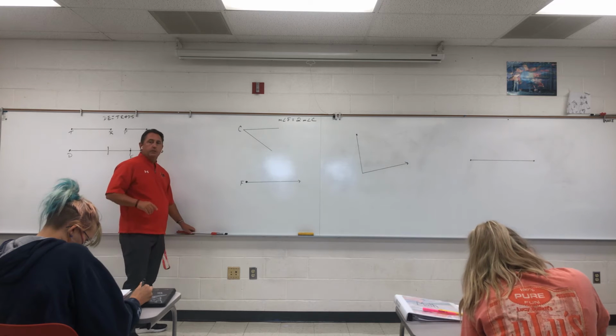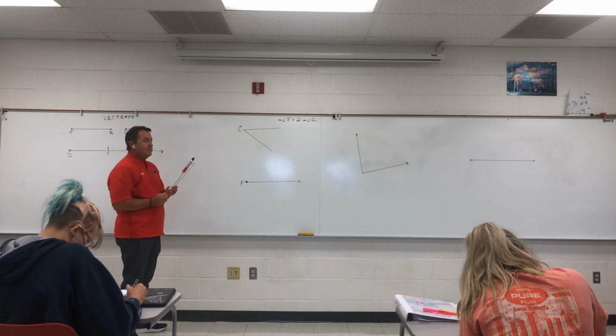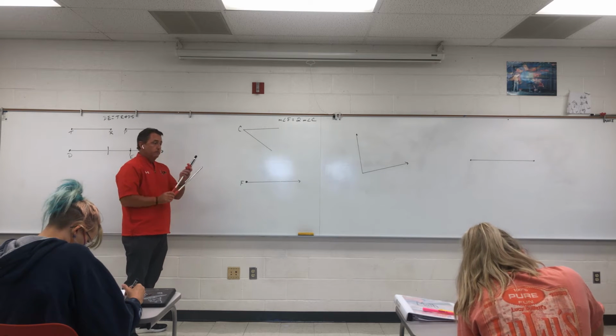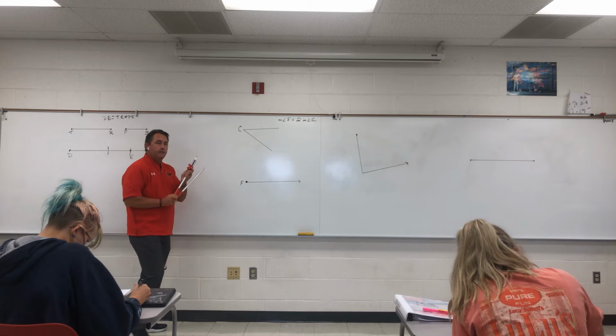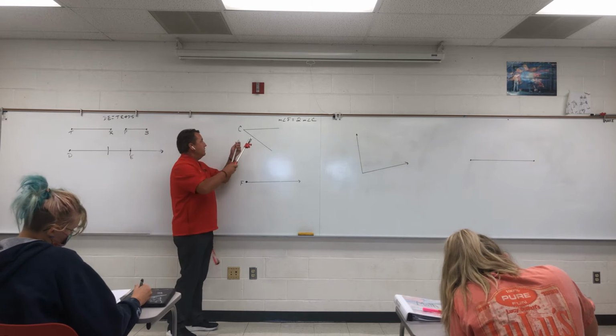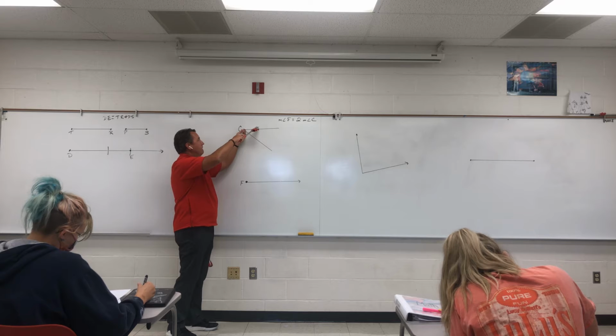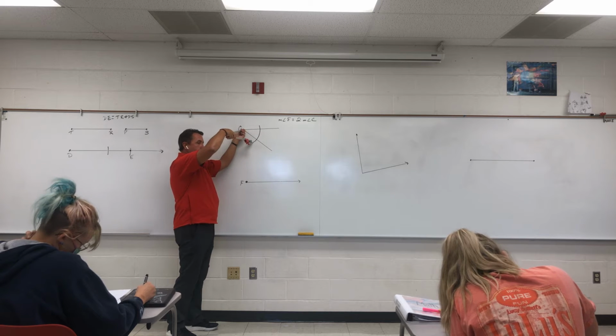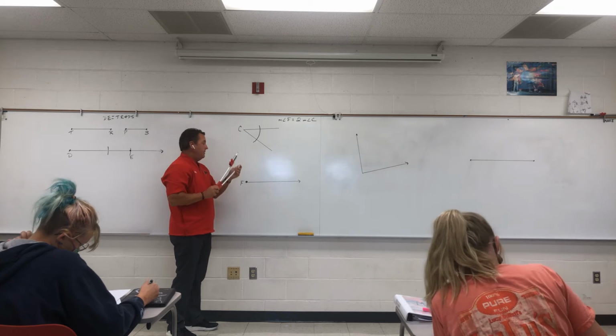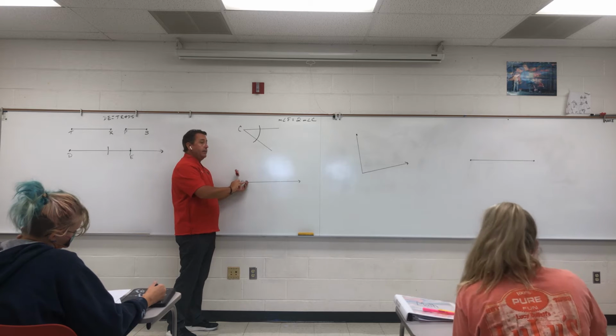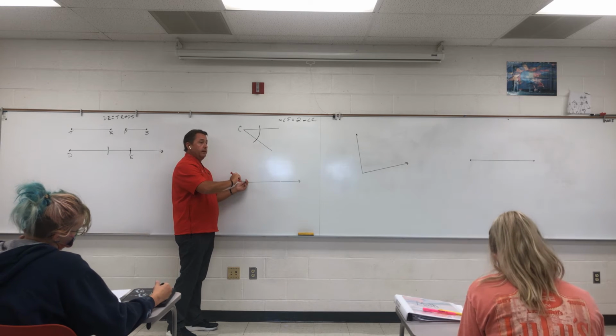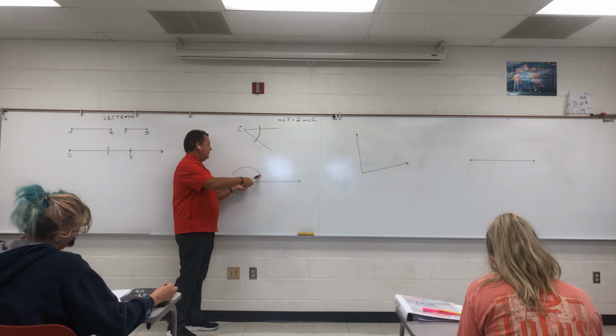Now my steps are going to be the same. Remember how I still wanted to make an arc? I'm going to do that step just like we did on copying the angle. So I'm going to make an arc here. And keep this one the same. Now I'm going to need to make it bigger than I think I need because I'm doing 2 of those angles, right? So I'm going like that.